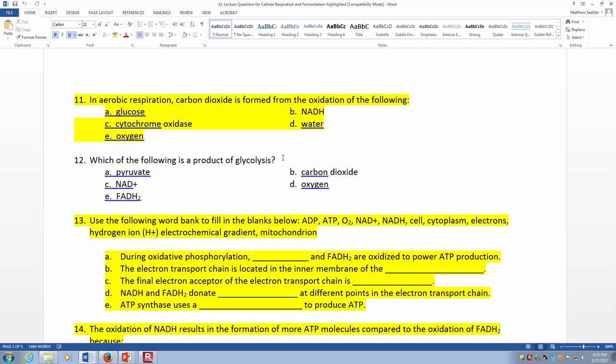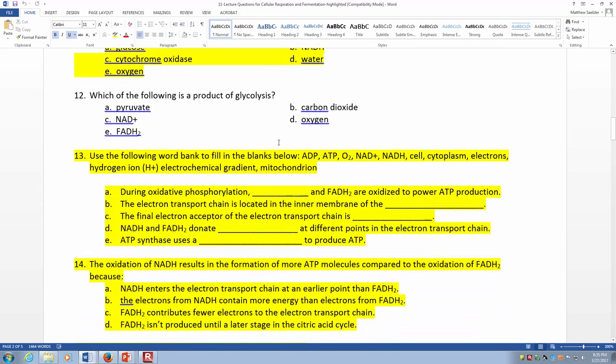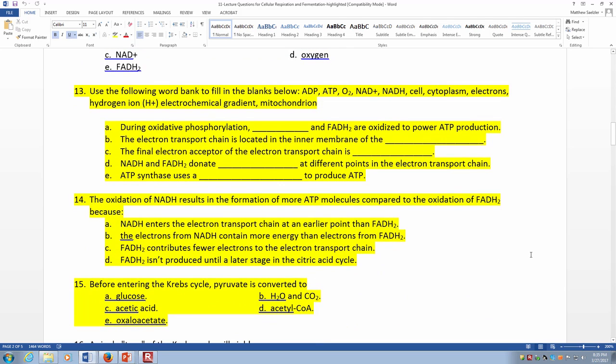So 13, use the following word bank to fill in the blanks below. Part A, during oxidative phosphorylation, blank and FADH2 are oxidized to power ATP production. NADH. Right, NADH. B, the electron transport chain is located in the inner membrane of the mitochondrion.